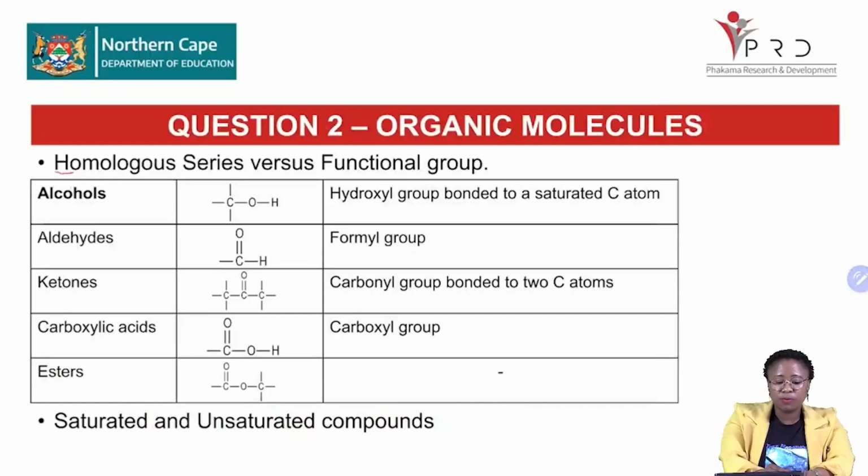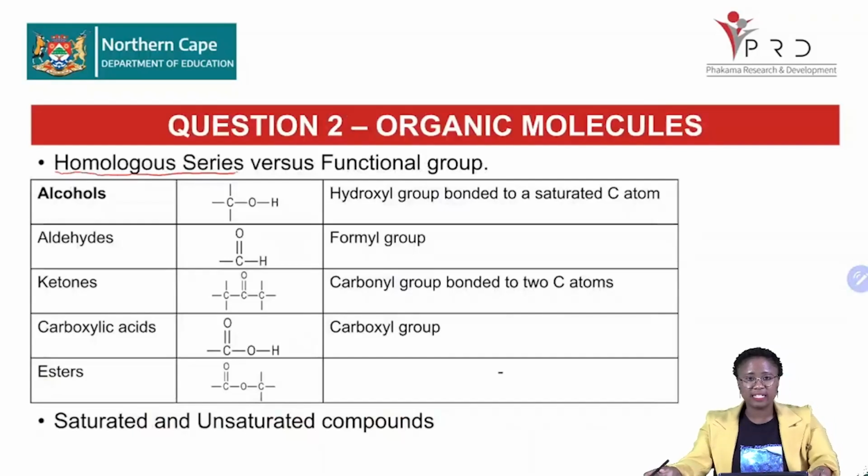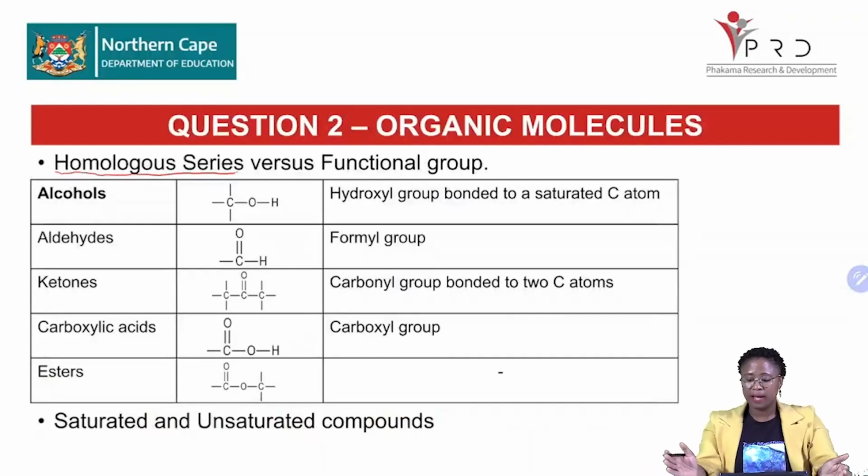Now, very much important here, I've highlighted for you. Please make sure that you remember the differences between homologous series as well as functional group. Remember, the homologous series is defined as a series of organic compounds that can be described by the same general formula. Very much important for you to remember the definition.